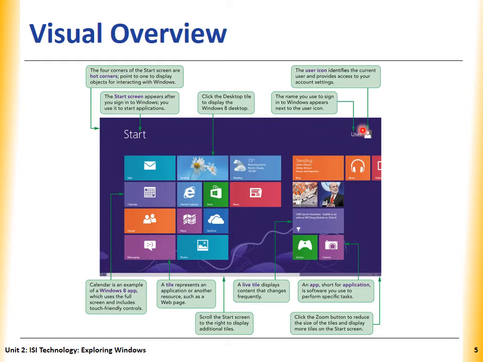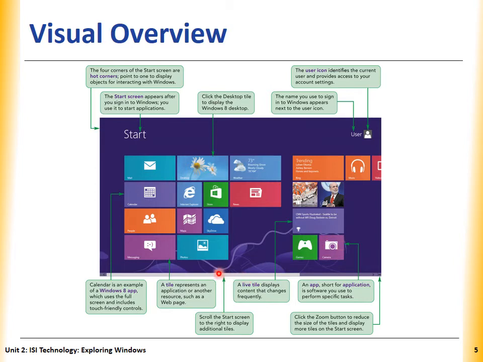And here you can see the name you use to sign into Windows. Okay. These are all called tiles. And each tile consists of a shortcut to an app. For example, this tile is a shortcut for a calendar application. This one, for example, is a shortcut for the camera application.